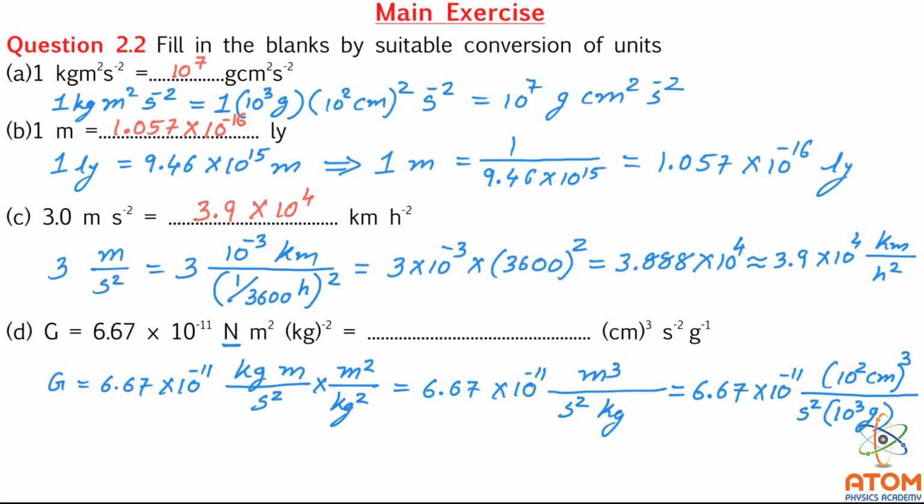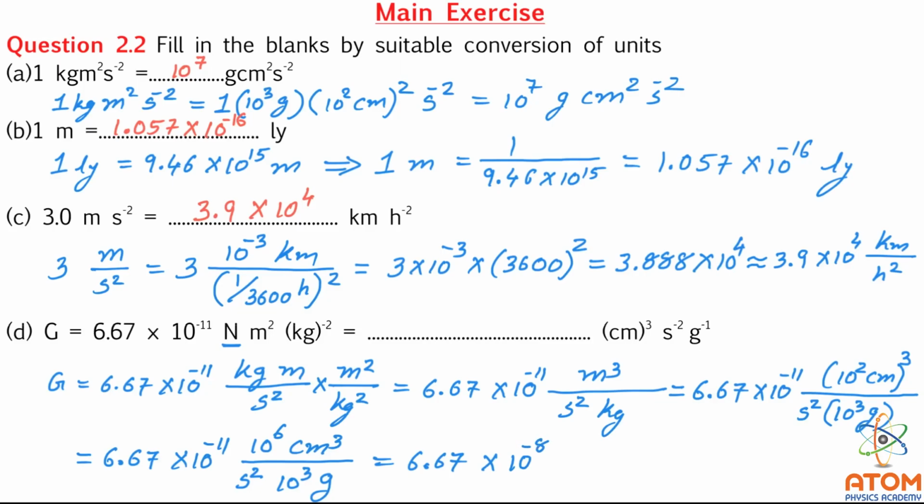So solving this further, I can now write 6.67 into 10 raised to minus 11, and here it will be 10 raised to 6 centimeter cube, and in the denominator there will be second square, no change, and 10 raised to 3 gram. Solving this, we can write 6.67 into 10 raised to minus 8.